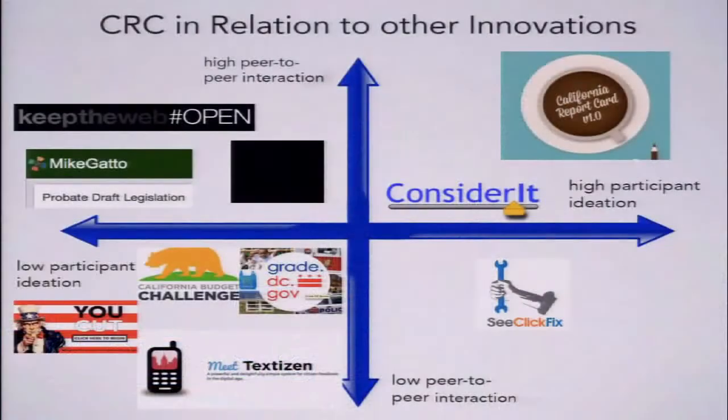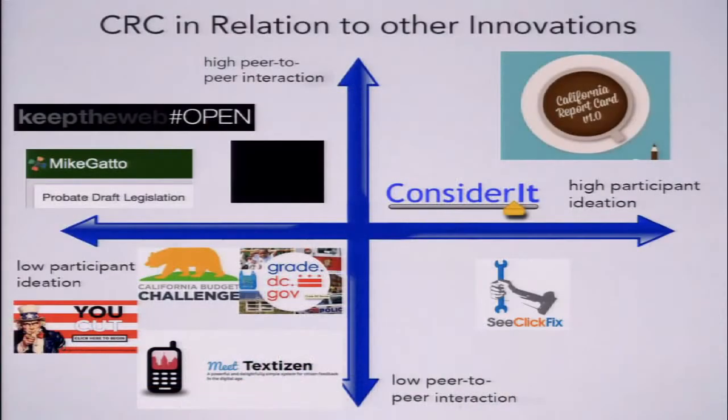Then there's the level of peer interaction, which might be high or low. Let's say that we have CycLE Fix, where we are looking for issues to fix in the local area. But it's not that interactive. You are not engaged in interaction with any other social being other than the government, if we consider government as a social being.